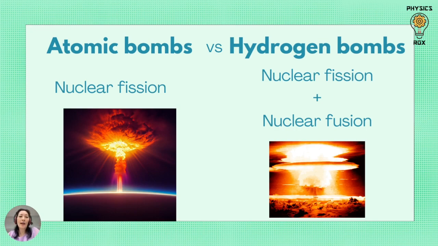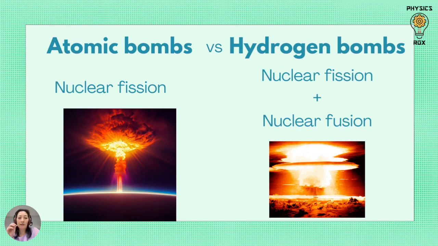So what happens inside the bombs is usually nuclear fission. That means the plutonium atoms, for example, are triggered to cause an explosion that produces a lot of nuclear energy. So usually it's one major explosion happening due to nuclear fission. That's an atomic bomb. So these are the bombs that were dropped over Hiroshima and Nagasaki during World War II.